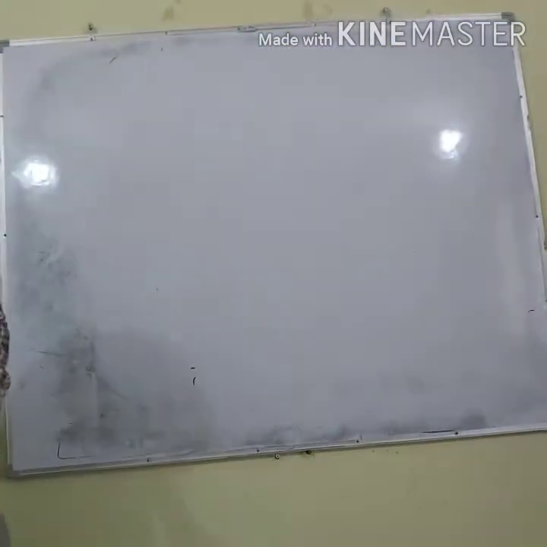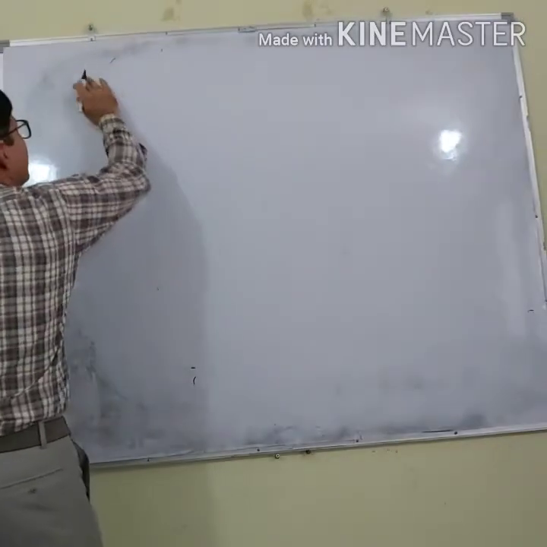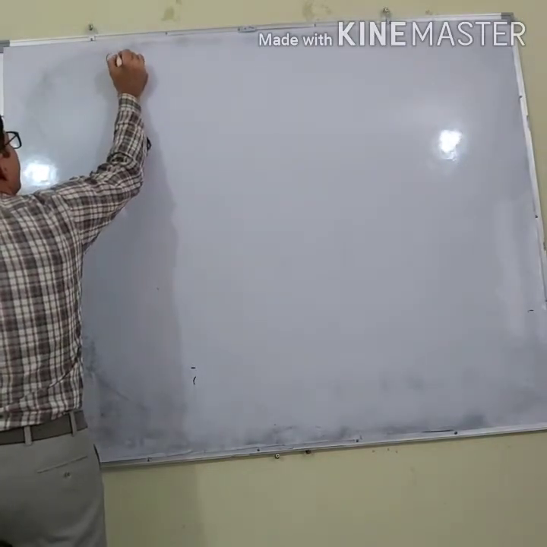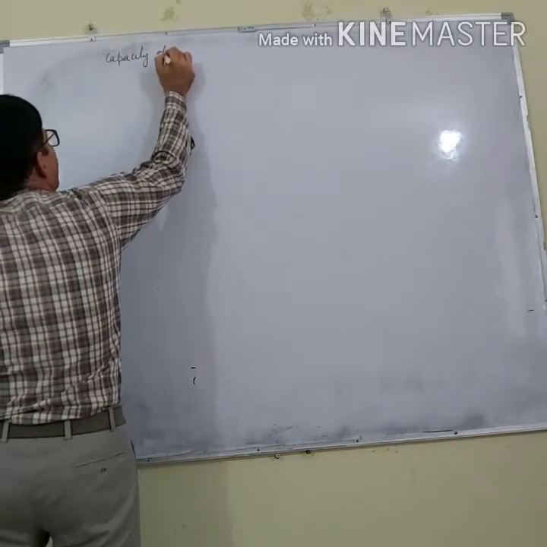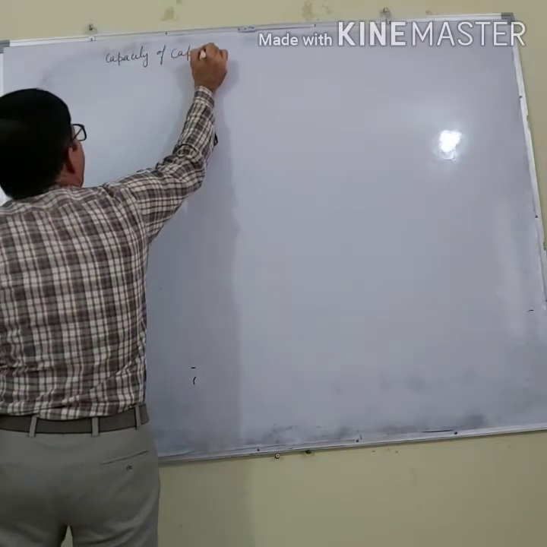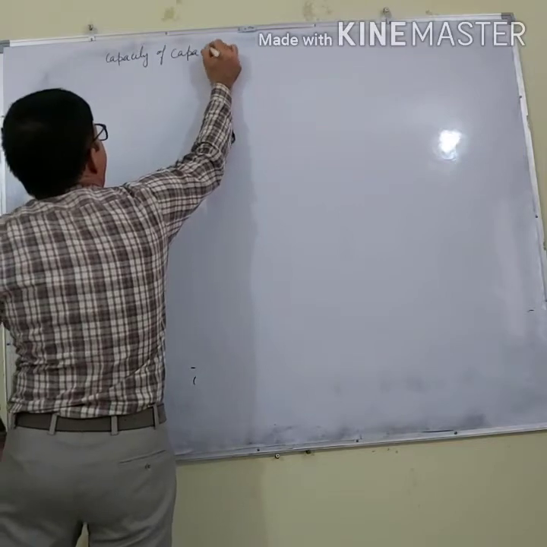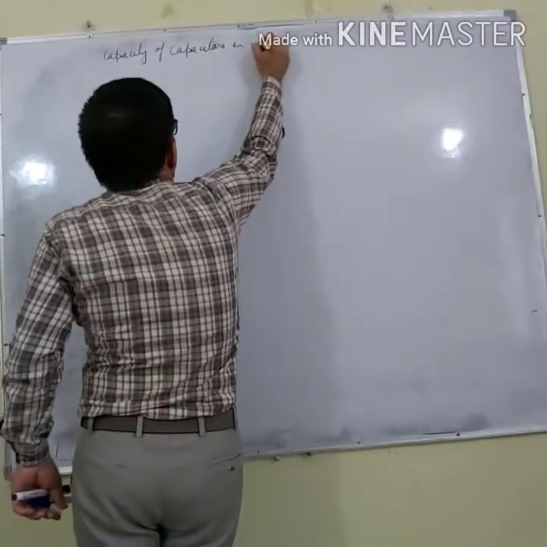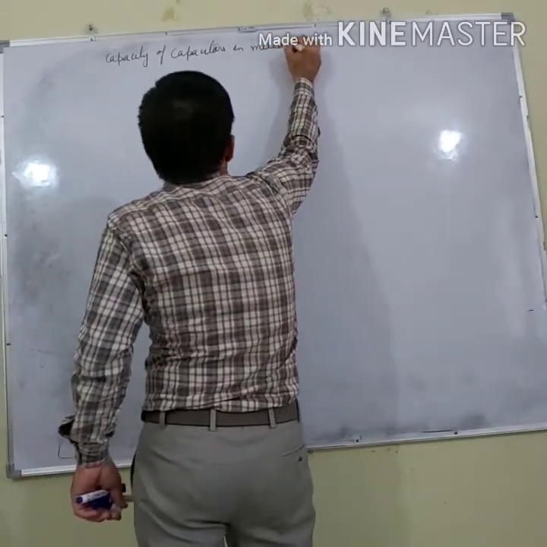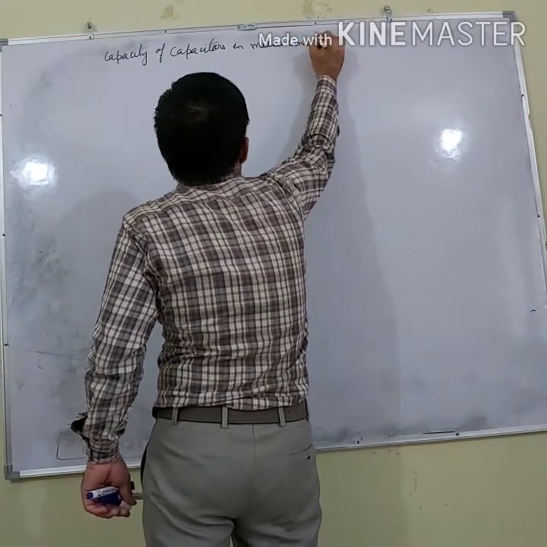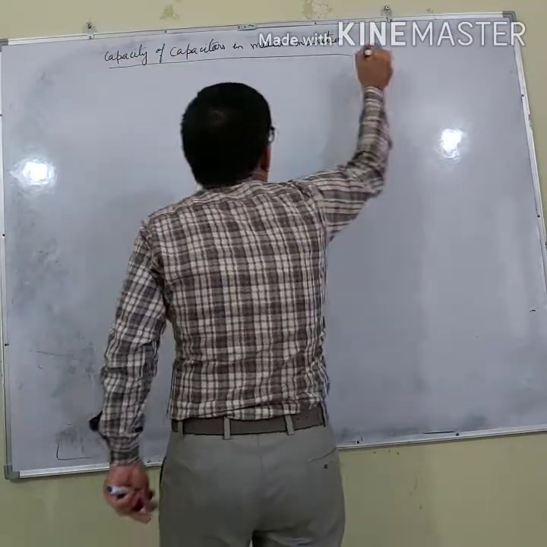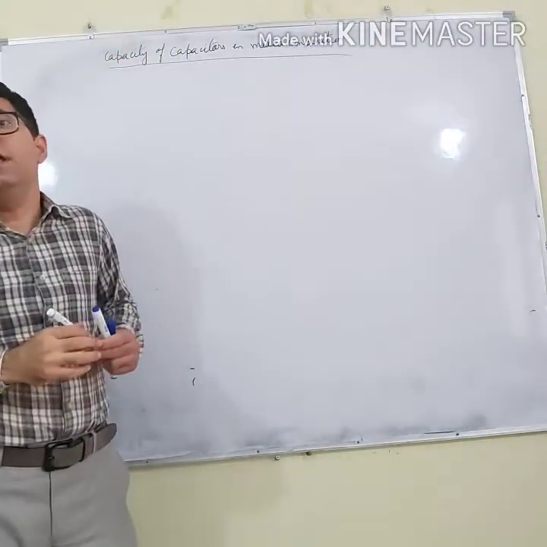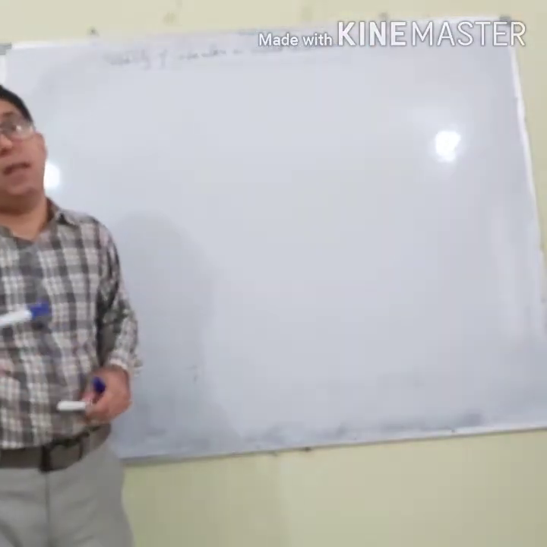Next is capacity of capacitors in mixed combination. What is the meaning of mixed? In which both series and parallel are present.